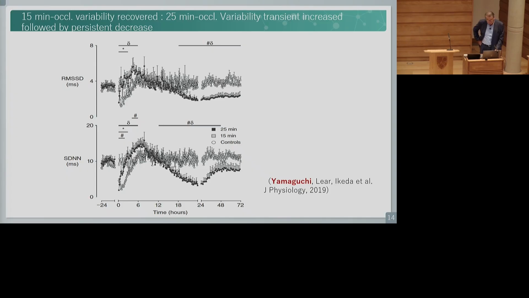However, in the 25 minutes group, a severe case, variability transiently increased, then decreased markedly. This reduction persisted for more than 72 hours after hypoxic ischemic stress. Histological examination confirmed severe brain injury in this group. Therefore, prolonged suppression of variability appears to reflect neurological damage.